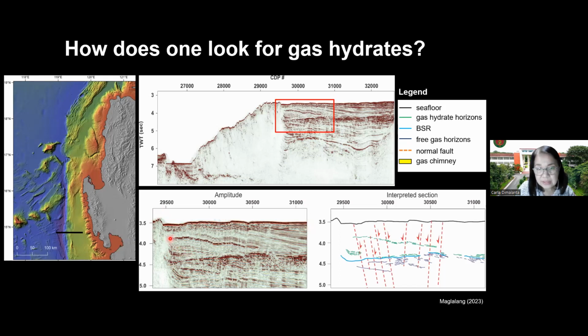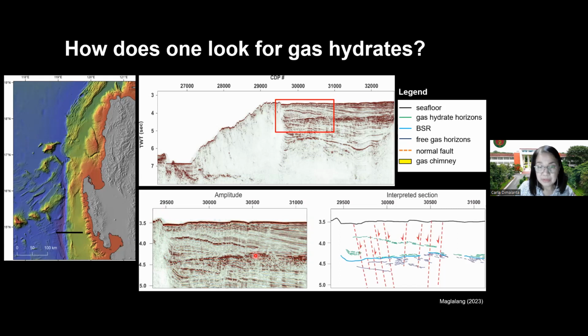And we see several strong reflectors, which we are interpreting to be the BSR. Aside from the negative impedance, I failed to mention that the BSR mimics or mirrors the seafloor. So ito medyo parallel siya or medyo similar ang itsura nung BSR sa seafloor.